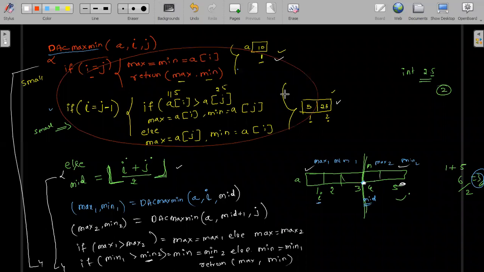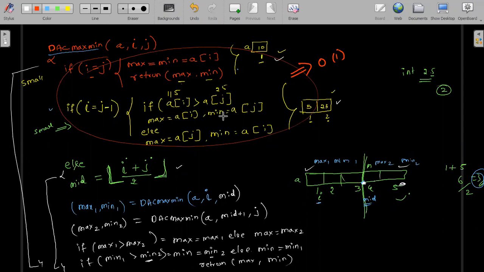Only one condition: if it is true, over. You get the maximum and minimum. Here only one comparison, here no comparison. So this will execute in constant time, big O of 1.